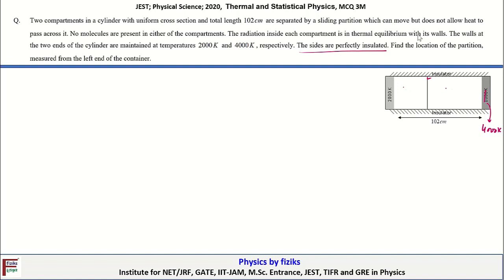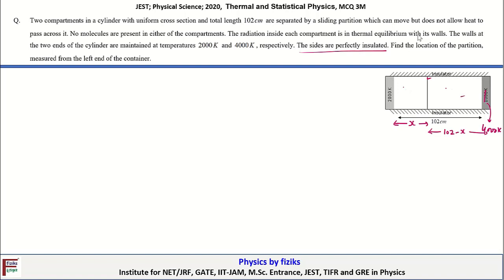So let's assume that the partition is situated at a distance x from the left end in equilibrium position, so that the remaining distance on the right-hand side is 102 minus x centimeter. We can solve this problem using the expression for the pressure exerted by the radiation. Because the two ends are at different temperatures, the energy density at these two ends differs when the system is not in equilibrium.